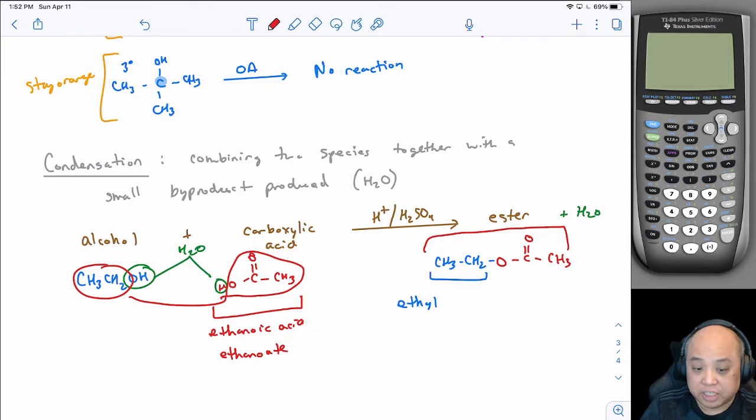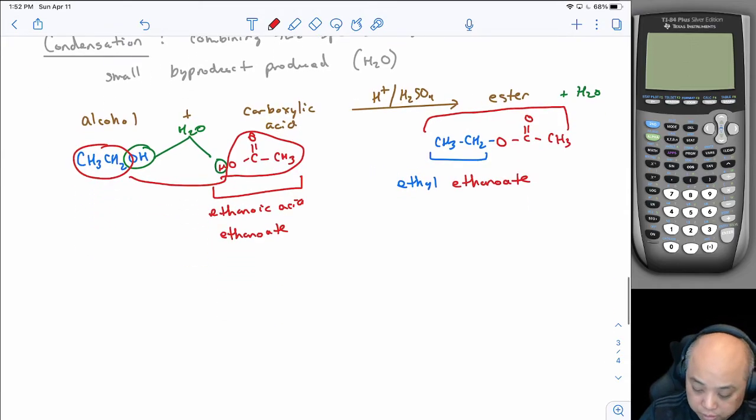That's the convention for it. So this is ethyl ethanoate. You always focus on the side that has a carbon double bonded to the O as your -oate part, and the part that's bonded on the other side of the oxygen as your -yl part. And so you might have something just to kind of reinforce that.